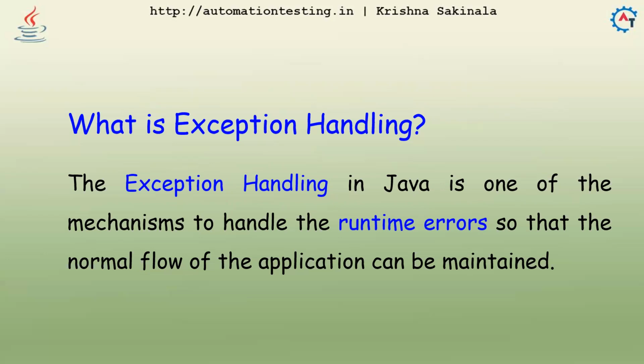Obviously something is not going properly, and you want to set that right and maintain the flow. With the help of this mechanism, you handle your runtime errors, and because of that, your application flow will be normal. How you do that, we will discuss.